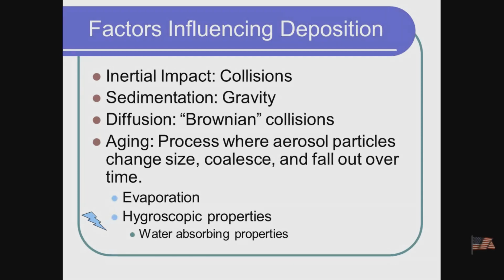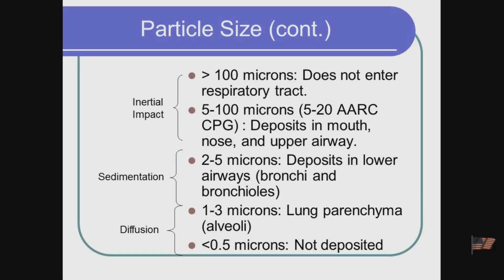And there's another factor: as we go from a cooler environment to a warmer one, and from a dry environment to a more humid one, the particle actually changes. You can see the size of that particle change as we go from outside to inside. In fact, the particles can get larger, coalesce together, and fall out. It's called aging.